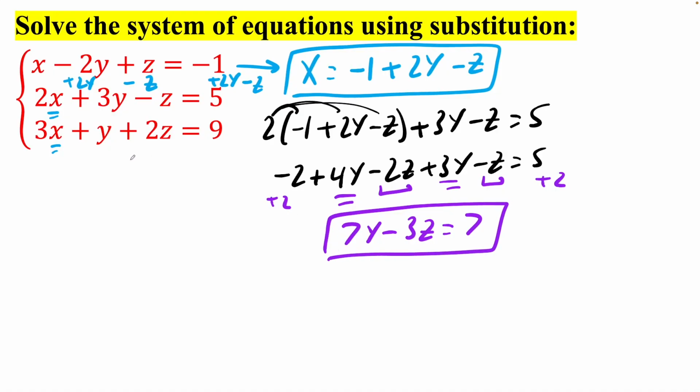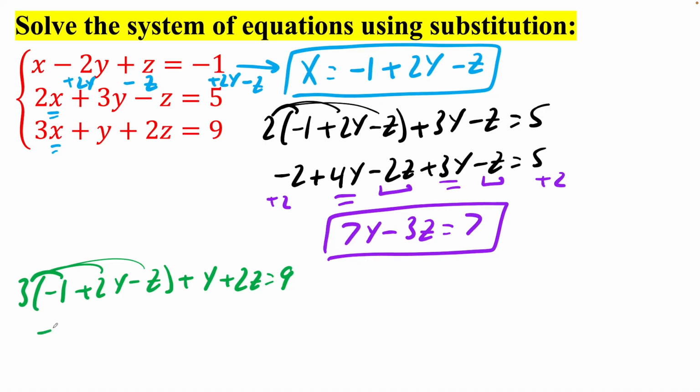Now we're going to do the exact same idea for the third equation. So 3 parentheses -1 plus 2y minus z, close it, plus y plus 2z is equal to 9. Distribute, -3 plus 6y, -3z plus y plus 2z is equal to 9.